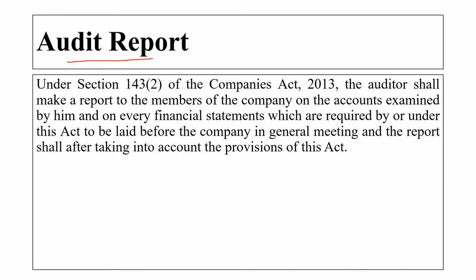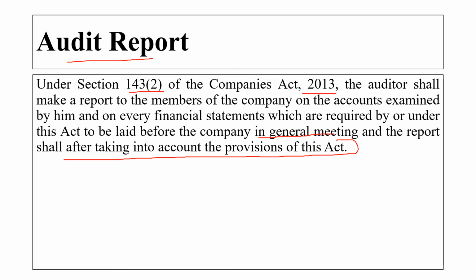Audit report. Under Section 143 clause 2 of the Indian Companies Act 2013, the auditor shall make a report to the members of a company on the accounts examined by him and on every financial statement which is required by or under this Act to be laid before the company in a general meeting, and the report shall take into account the provisions of this Act.